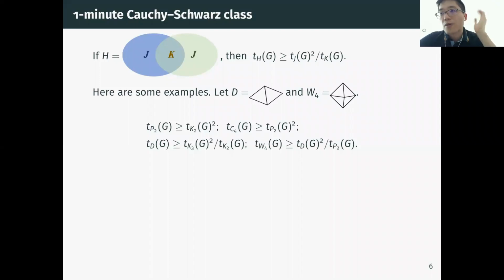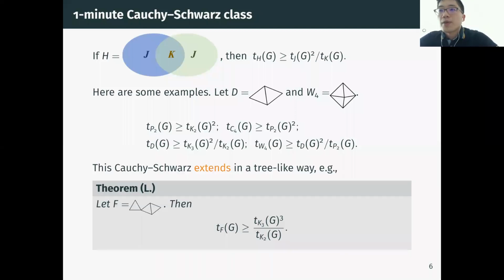Okay, so these are a bunch of inequalities that we can easily obtain. And this Cauchy-Schwarz calculus extends in a tree-like way by a theorem of mine. Let's call this particular graph a fish, because it looks like a fish.